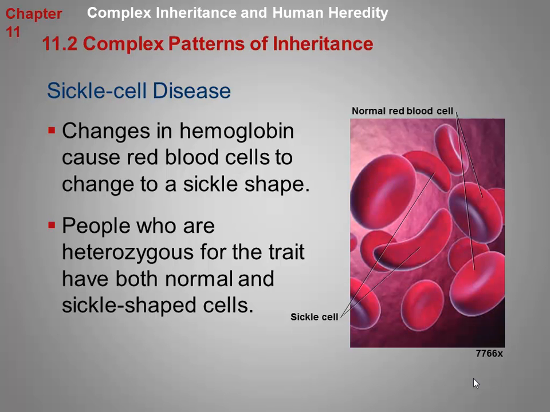So in codominance, both the traits are expressed in the heterozygous condition. Incomplete dominance, if you go back, will give you a whole new trait, like the red and white flowers make pink. In codominance, both the traits get expressed. So those are two examples of more complex inheritance.